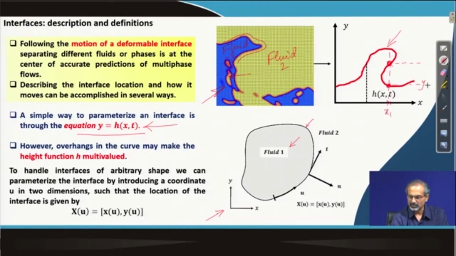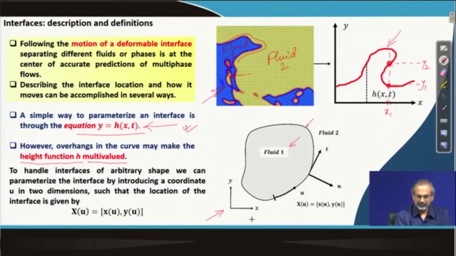So, you can call them as y 1 and y 2. So, at x 1 you do not have a unique value of y, and therefore, this kind of formulation will have difficulty in tackling such an interface. So, if we call this h as a height function, then the height function becomes multivalued.